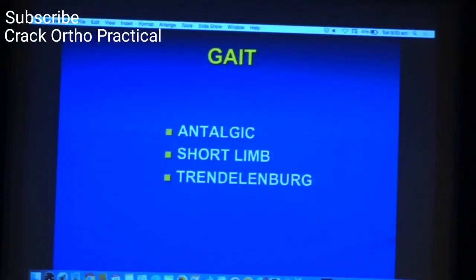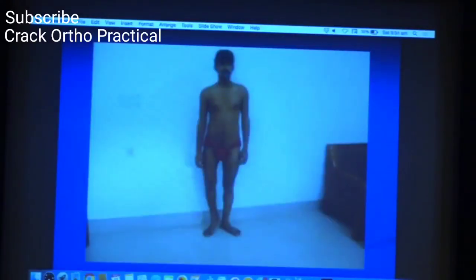So always leave 2 centimeters of the shortening undercorrected if you are giving a shoe raise to these patients. What I am trying to emphasize is, the patient may have a short limb gait, along with that an antalgic component. So your duty is to bring out the various components in the gait of that particular patient.